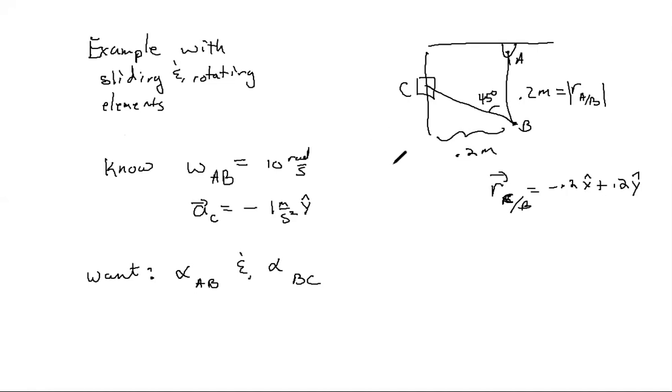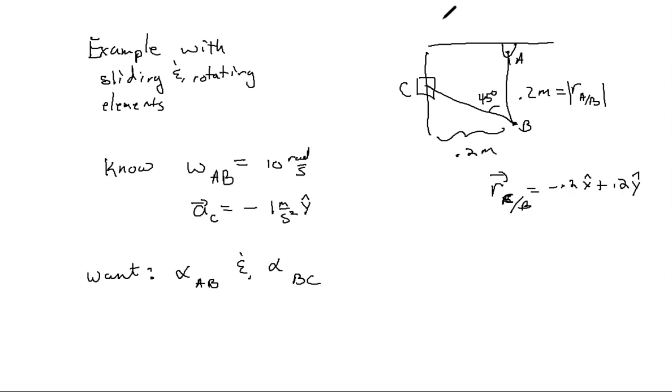How can we do that? So the plan, assuming only this information, is, well, first off, I can write down formulas for things at B. First off, I know that for link AB, the velocity at A has to be 0. So A is the instantaneous center of motion for this link.